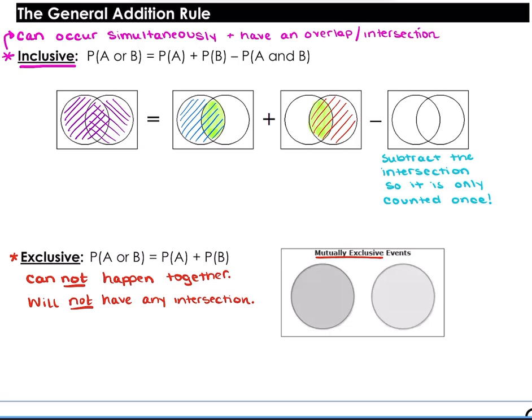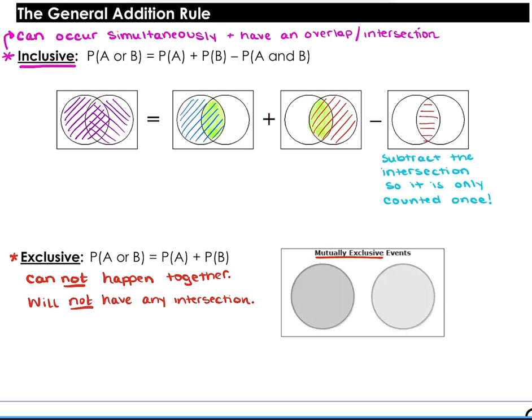If we're looking for the union, which is the whole thing, we are taking the whole left set, let's call this set A, and we're adding the whole right set. But as you can see, this intersection is being counted in both of these when we add them together. So we need to subtract just that intersection piece in the middle so that it's only being counted once.